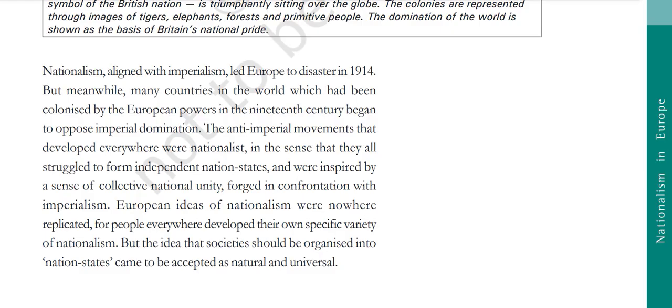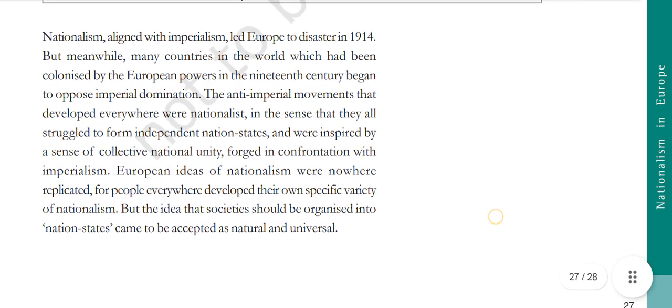European ideas of nationalism were now replicated for people everywhere, who developed their own specific variety of nationalism. But the idea that societies should be organized into nation states came to be accepted as natural and universal.